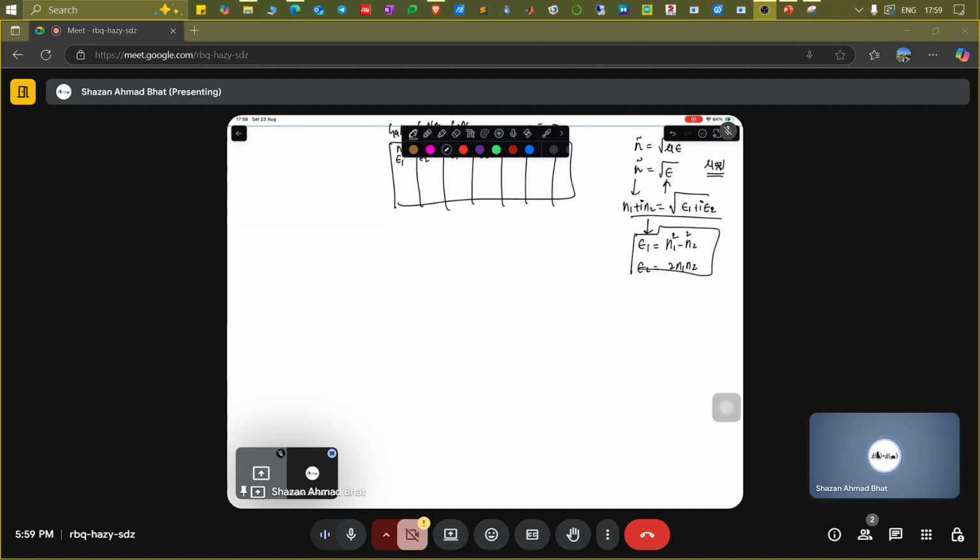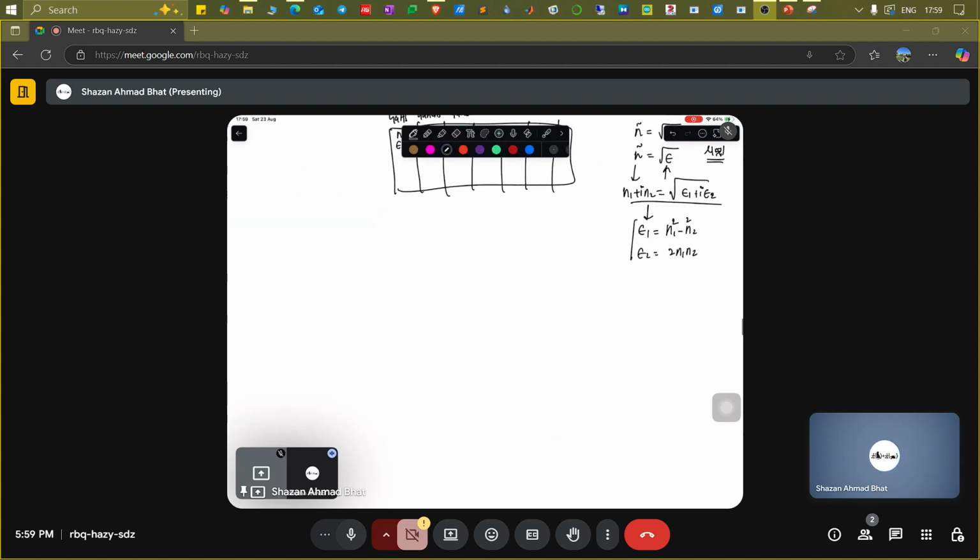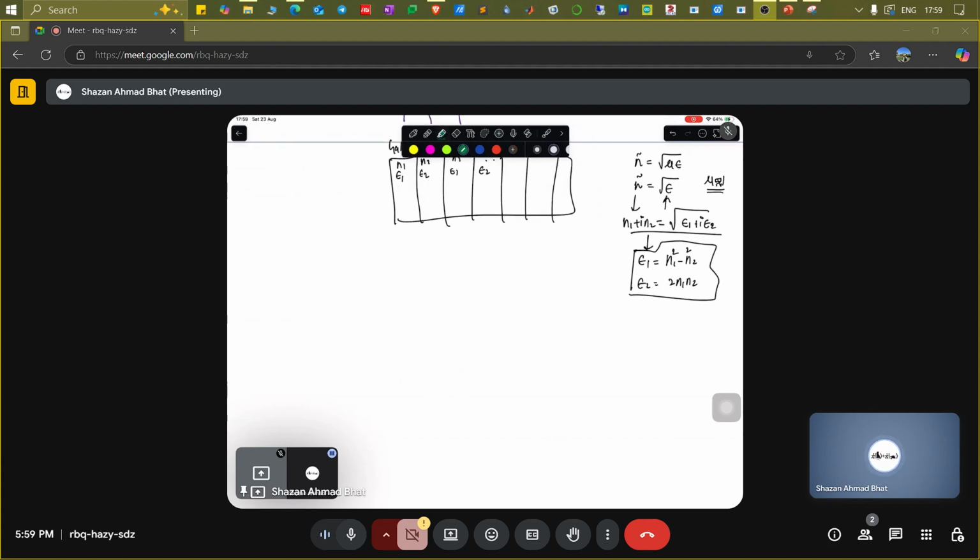When you solve it, you square both sides and compare the imaginary and the real parts. This imaginary part represents the losses in the system, the absorption of the electromagnetic wave.